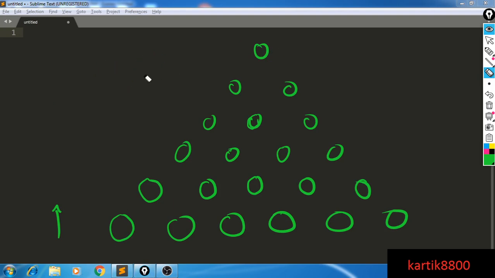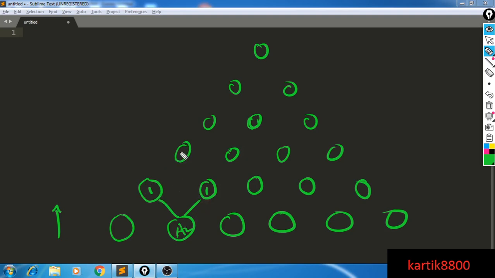But how do we know whether A1 appears an odd number of times or an even number of times here? Let's focus on a particular element, A2. A2 contributes to this element exactly once, because this element is A1 XOR A2 and this one is A2 XOR A3. So these two get the contribution of A2 exactly once.